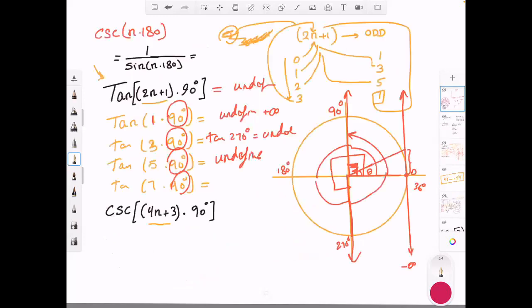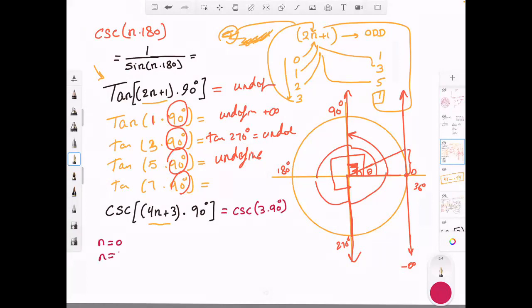So should I solve this one, cosecant of this? Again, they put 4n plus 3. If n equal to 0, if you put 0 there, we're going to get cosecant of 3 times 90.